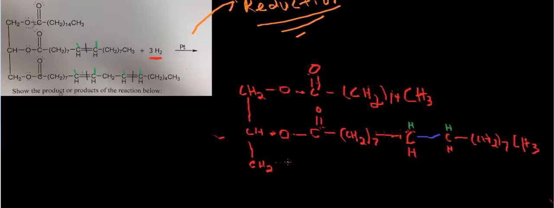Now let's move on to the last portion of this, where you have your CH2 bonded to oxygen. Again, I am omitting the lone pairs. C, and you have your double bond to O. The platinum and H2 is not strong enough to reduce that carbonyl. Sometimes you'll see mechanisms where the carbonyl actually gets reduced, but right now that does not occur. So whenever you see H2, platinum, and an ester with double bonds, you know that the double bond will get reduced.